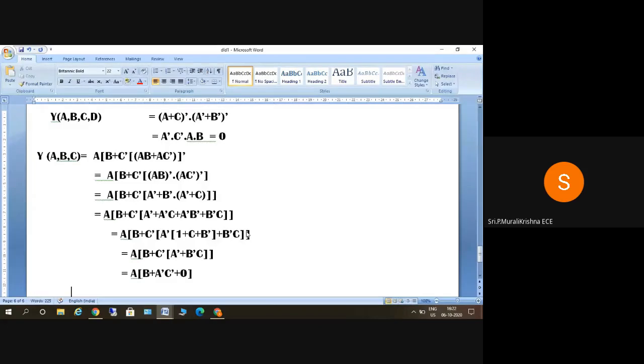Okay, so the answer is AB plus, is equal to AB plus AB plus A bar into A, it is 0. So AB plus again it's a 0. Correct enough? That is equal to AB.